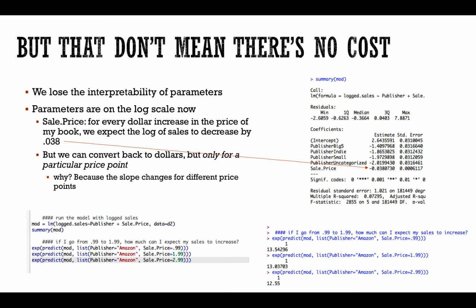That says it would predict 13.54 books if I set the price at 99 cents, whereas if I set it at $1.99, it says 13.03. And if I set it at $2.99, it says 12.55. That makes sense.